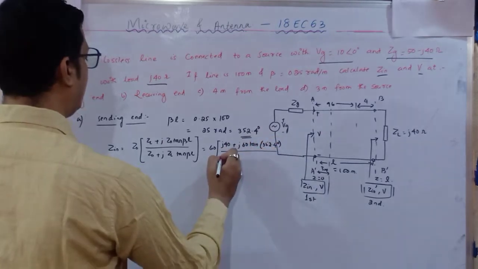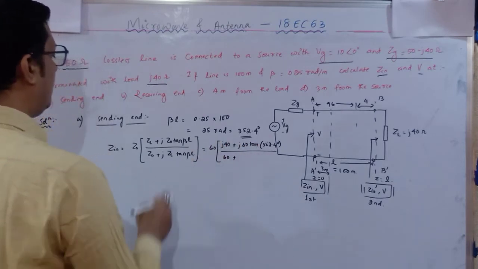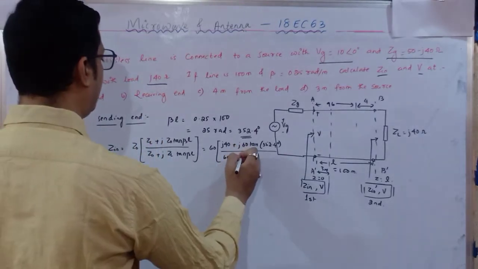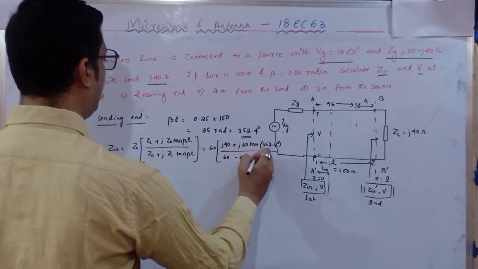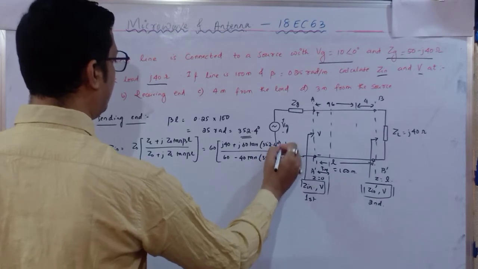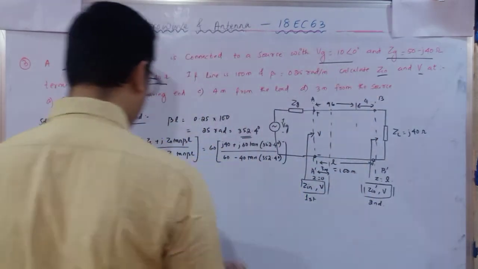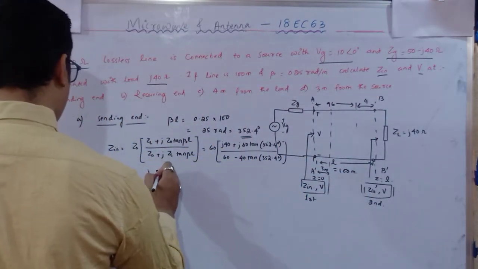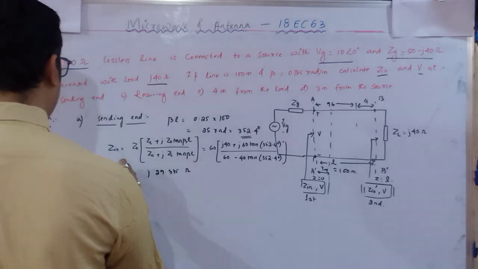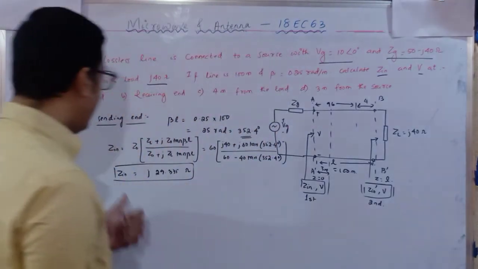Then ZL is j, so it becomes minus 40 tan of 352.4 degree. If you solve this, the input impedance you get is around j29.357 ohm. So this is the input impedance.